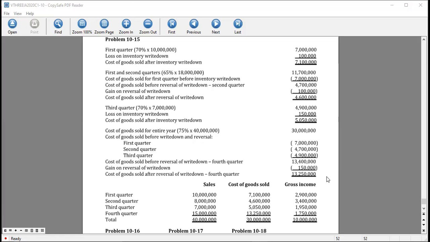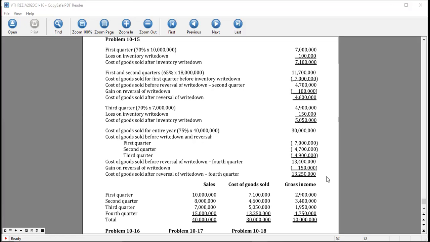When we have the gain on reversal of write down of 150,000, we have the cost of goods sold after reversal of write down equal to 13,250,000, whereas based on the computations for the gross profit rates, we have the amount of 30 million. Now we have the breakdown here.